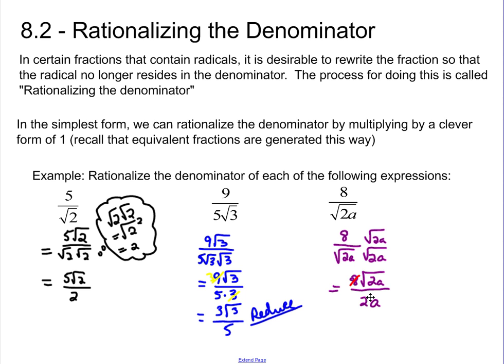The 8 and the 2 cancel, giving us 4. And so our reduced expression will look like 4 times the square root of 2a divided by a. There is no more reduction that can happen right here, so we're done. Okay, more in the next video.